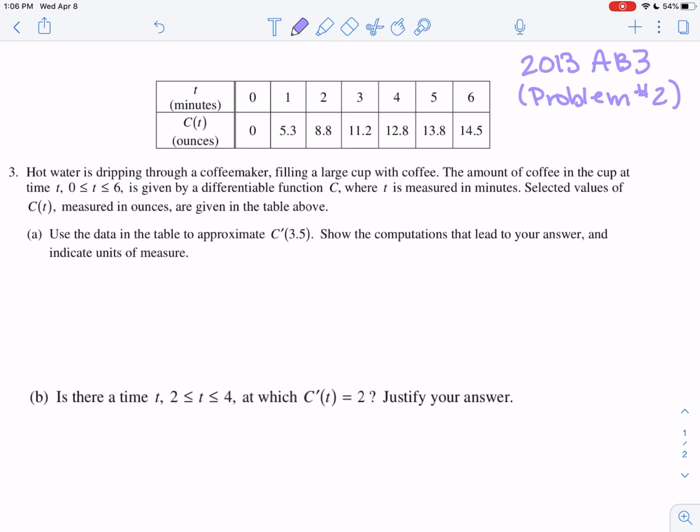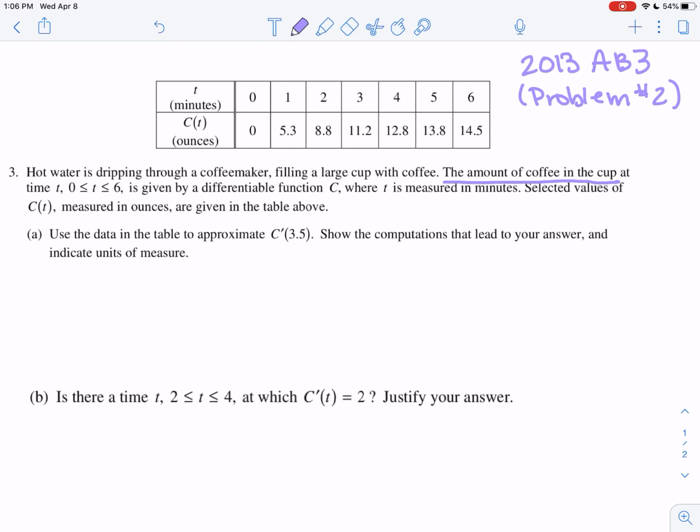So t is in minutes from 0 to 6, and c is, if you have this on paper, you do want to underline this, the amount of coffee in the cup. At any given time, we know how many ounces of coffee are in the cup at that time if t is an integer between 0 and 6.